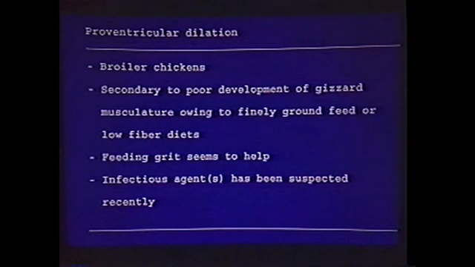Thickening of the wall can be due to either Marek's disease or hypertrophy and hyperplasia of the mucous glands of the proventriculus, and that's where they isolated several infectious agents from proventriculi that have a thickened wall.